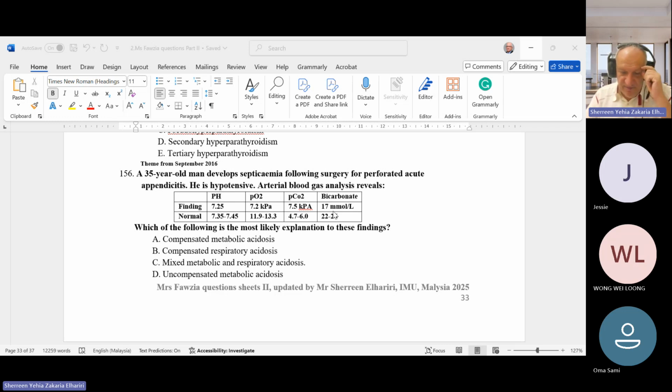So what does this patient have? It's mixed metabolic and respiratory acidosis. So it is both.